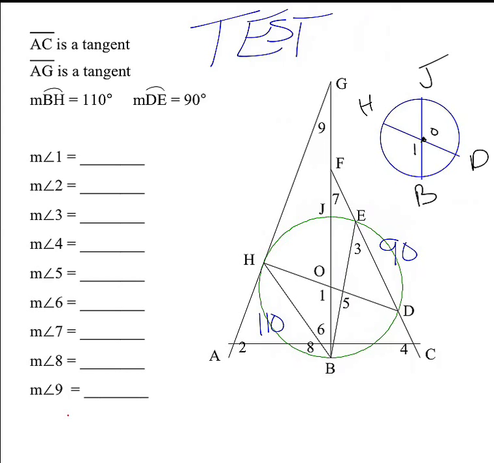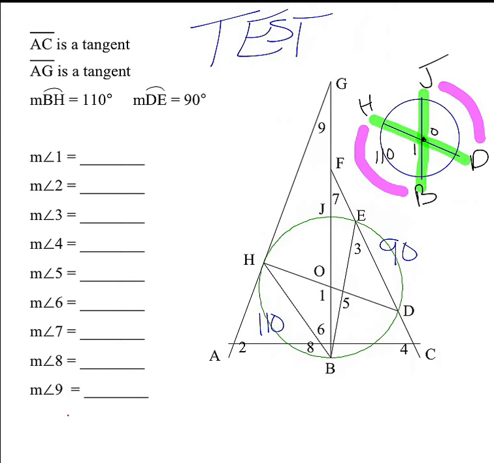From H to B is a 110 degree arc. So if I'm looking for angle 1, I need to find the sum of the two pieces of that circle. So that would be everything from HB and JD. So I need to know what this intercepted arc is and what this intercepted arc is.